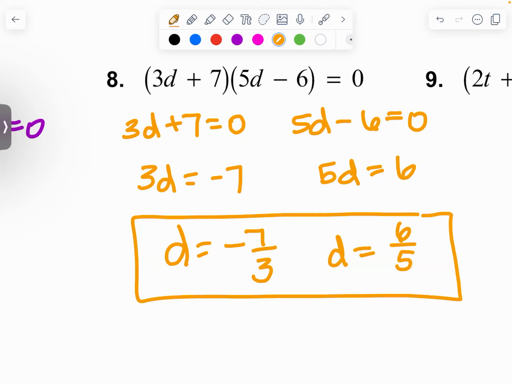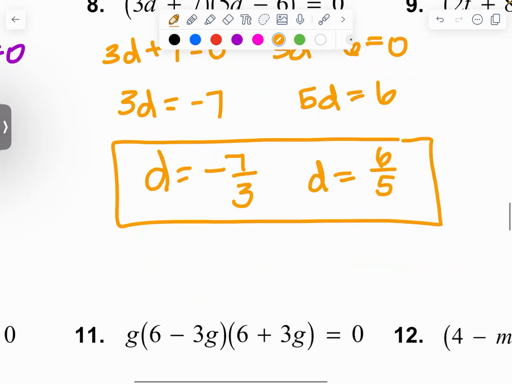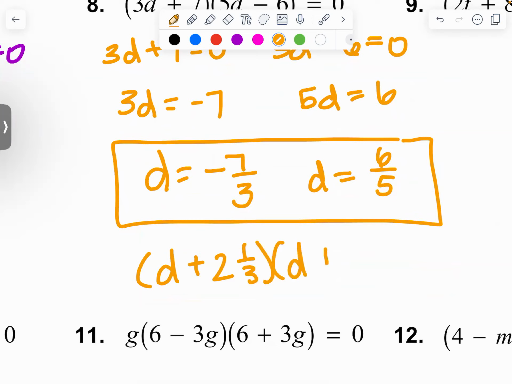Like if I gave you D plus 2 1/3 times D plus 1 1/5 and I told you to FOIL that out, that would be absolute madness. But if we have them as improper fractions, it goes so much smoother.